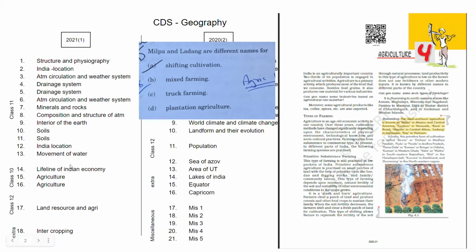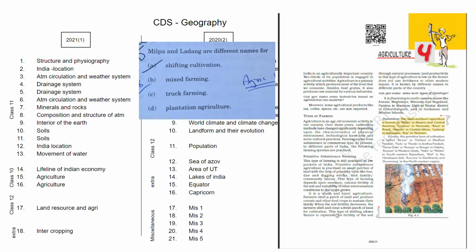Next question from agriculture. Now it is about Milpa and Ladang, which are different names of. Here is jhuming. Jhuming cultivation is the name given in the northeastern states like Assam and Meghalaya. It is mentioned as shifting cultivation.